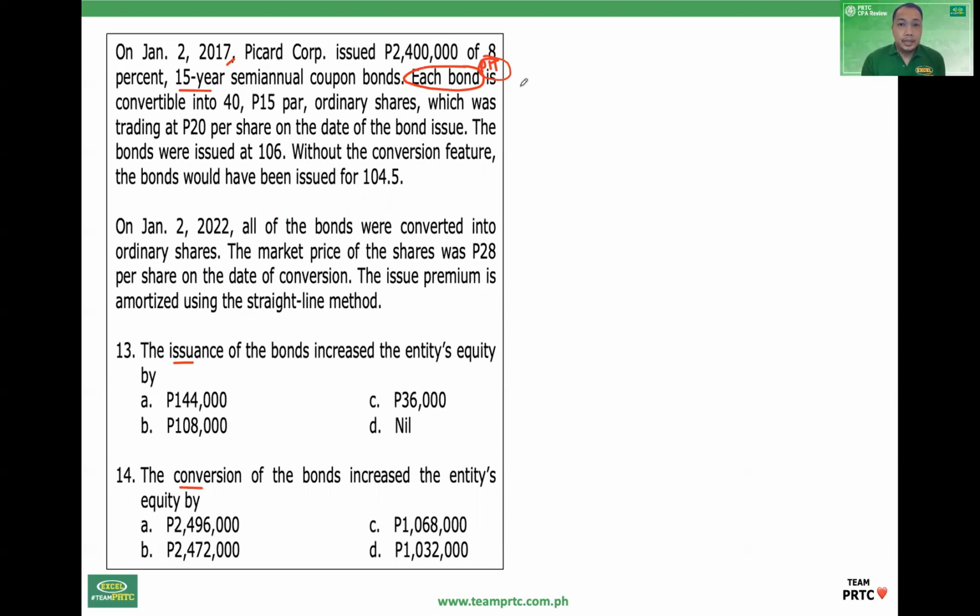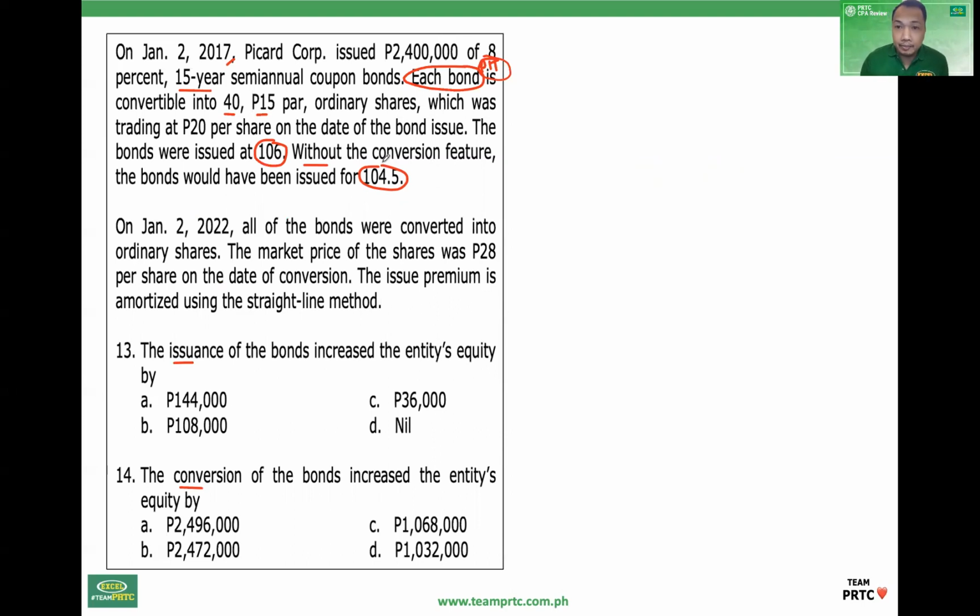Each 1,000 bond convertible into 40, 15 peso par ordinary shares. Issued at 106, including the option to convert. Kung hindi daw convertible, 104.5 lang. So again, clearly, may difference na na-create yung addition ng option to convert. So with option, 106. Without, 104.5 lang. So the difference, equity component.